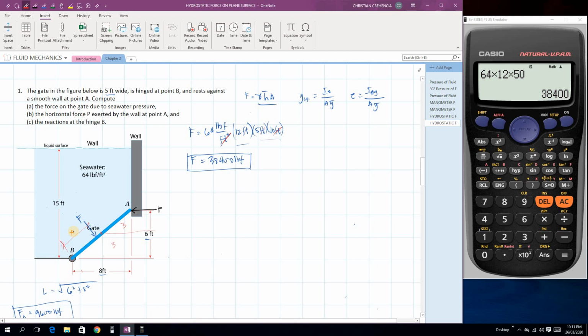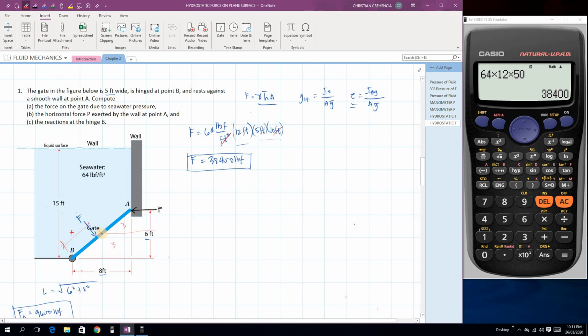Let's say distance X. So, para makuha natin yan, pwede natin kunin yung distance E. Okay. So, yung distance E, kailangan natin yung Y bar. So, yung Y bar natin is yung distance along the plane. Okay. Along the plane or within the plane ng gate.